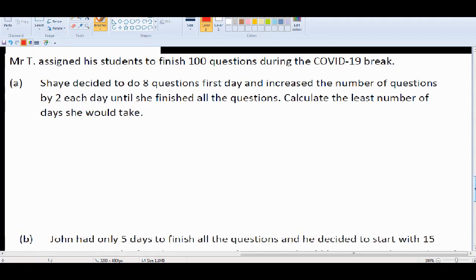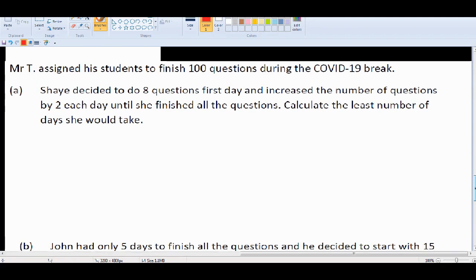part A. Okay, for this part, it's about a guy called Mr. T who assigned his students to finish 100 questions during the COVID-19 break. He's such a good guy, right? Shrey decided to do 8 questions the first day.